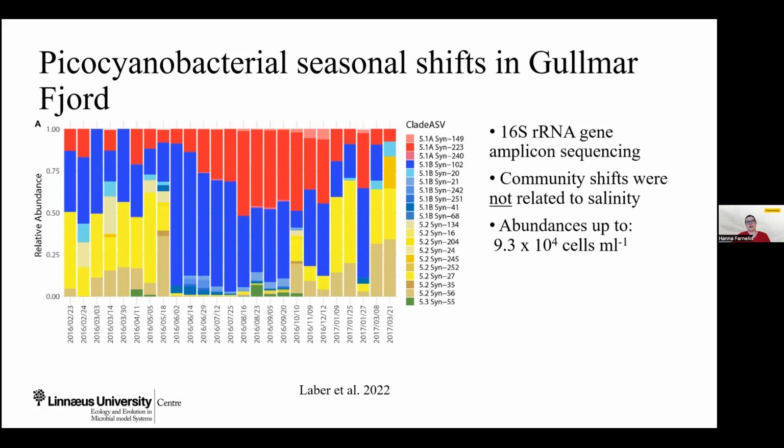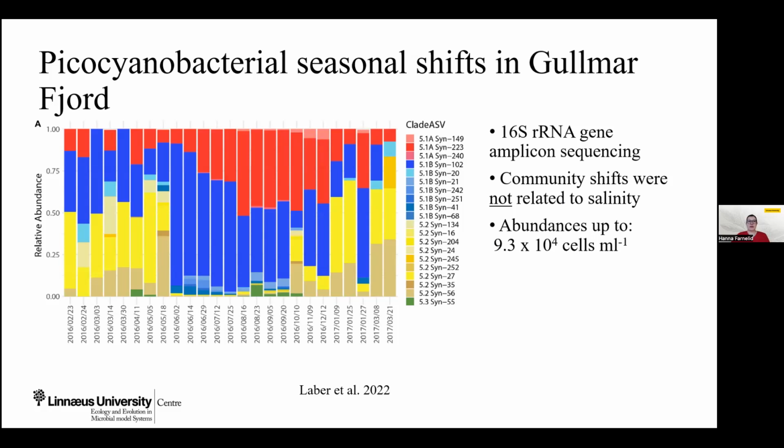Instead, we saw that it was largely temperature and different conditions and stratification during these different seasons that was causing the community shifts in Synechococcus. And we found abundances of almost 10 to the 5th cells per milliliter. So this was a highly abundant group in the Gullmar Fjord.